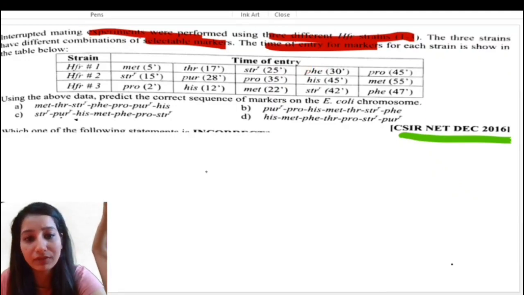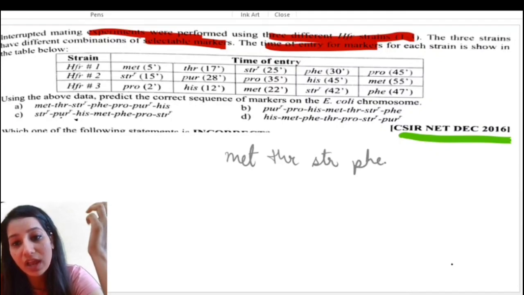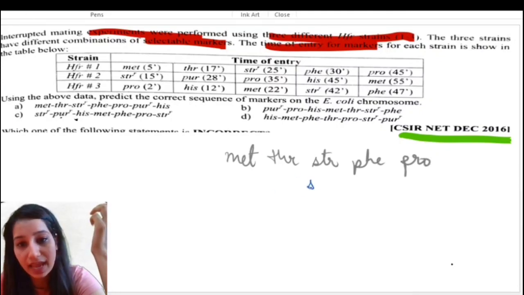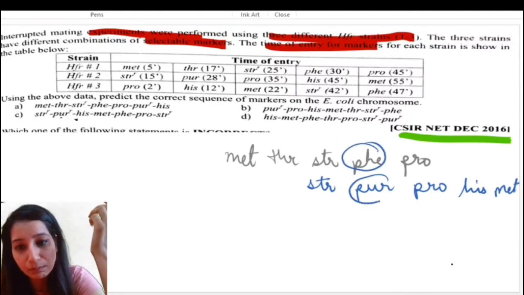So in this also, what we'll do is write out the genes. In the first case, methionine is going first, then THR, then STR, then PHE and then PRO. In the second condition, first STR, then PUR, then PRO, then HIS and then MET. So here there is a difference in PHE and PUR.